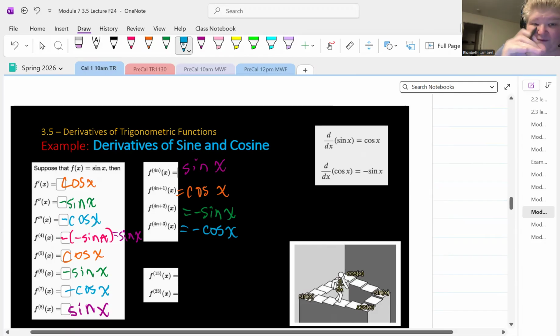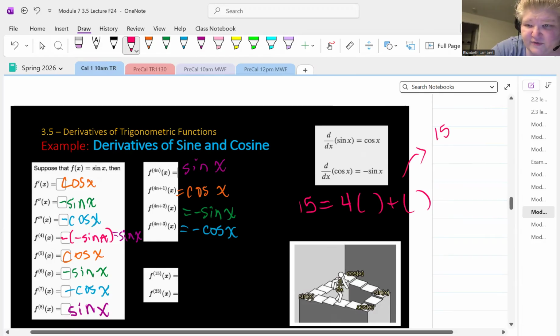But if we're going to focus on the formula, the 4n or 4n plus whatever, we're thinking off to the side. 15 is 4 times what number plus what number? So how many 4s are in 15? Side thought: 15 divided by 4, 4 goes in there 3 times, and then it's 3/4 left over, or if we typed it on the calculator, we would get 3.75.